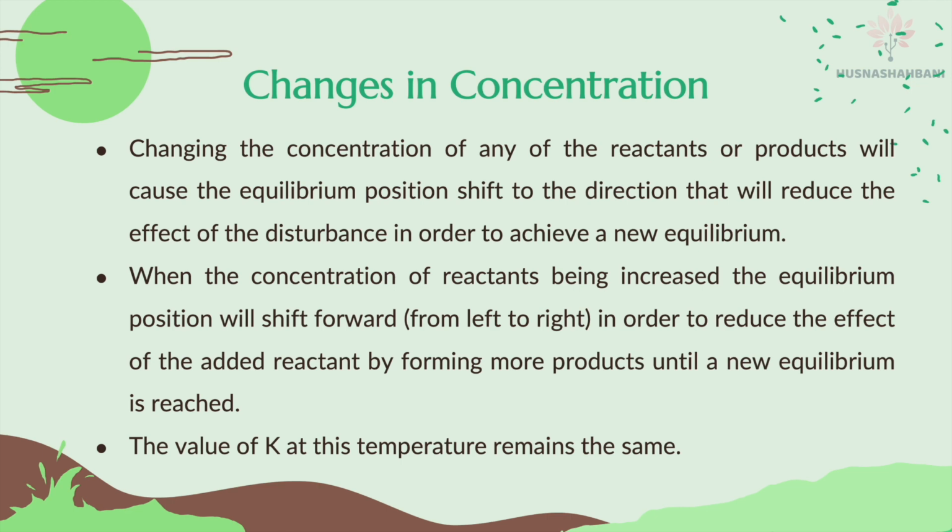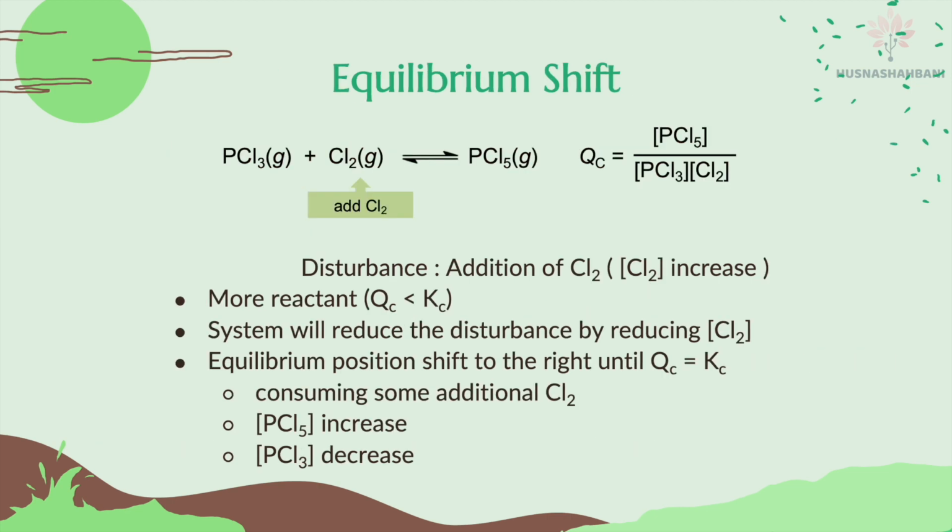When the concentration of reactants is increased, the equilibrium position will shift forward, from left to right, from reactant to product, in order to reduce the effect of the added reactant by forming more products until a new equilibrium is reached. The value of K at this temperature remains the same. As long as the temperature does not change, the value of K remains unchanged.